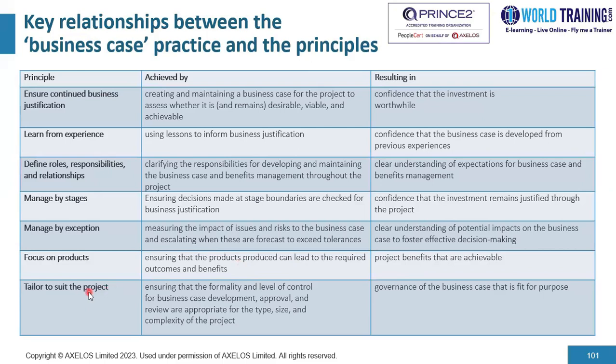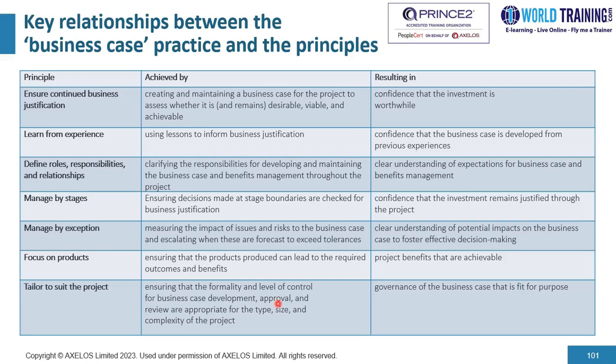And the final principle is tailor to suit the project, and this is achieved by ensuring that the formality and the level of control for business case development, approval, and review are appropriate for the type, size, and complexity of the project. Let me just give you an example. In countries like New Zealand and the UK, they use a better business case model to develop business cases.